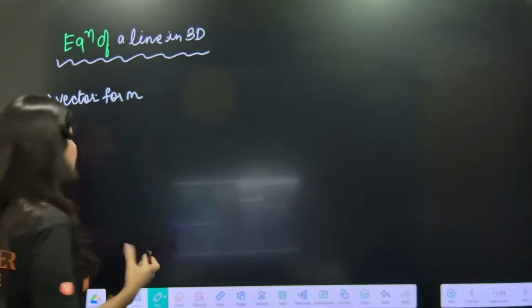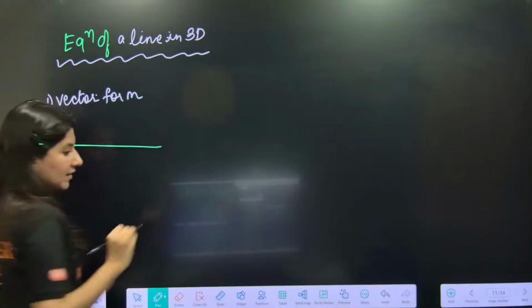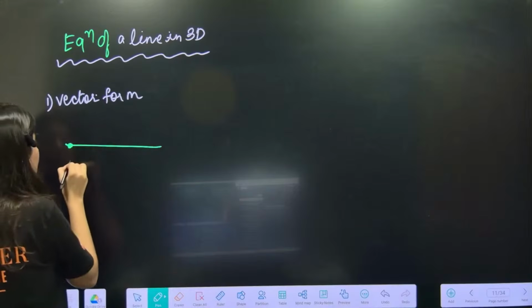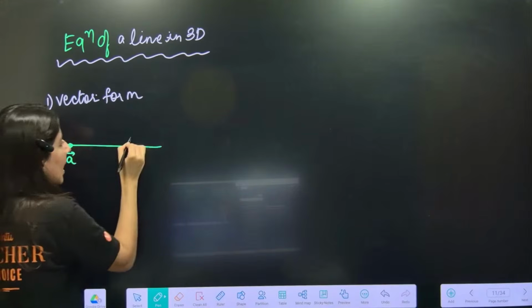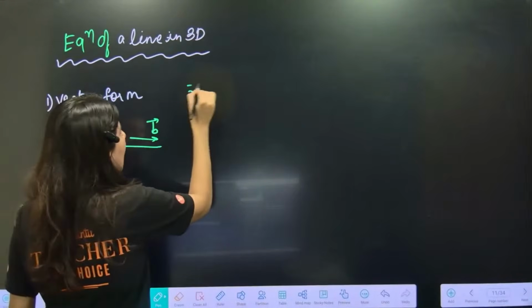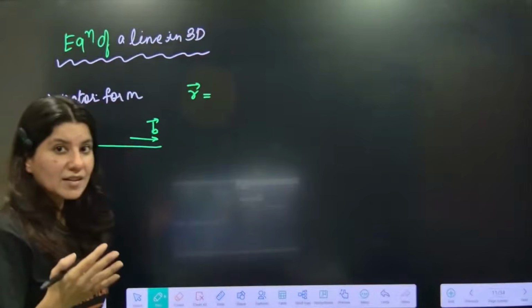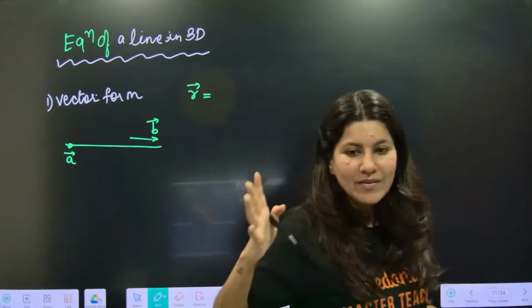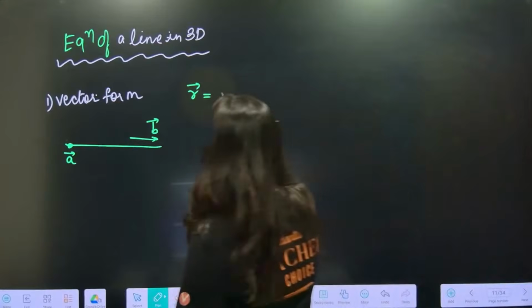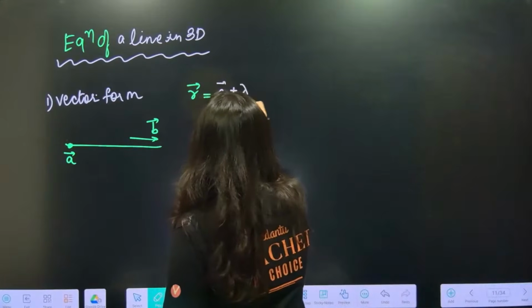Suppose you have to write the equation of any line. All you want is a point on that line and a direction of that line. So R vector, R is an unknown vector, just like we used to take x, y. So R is equal to A plus lambda times B.